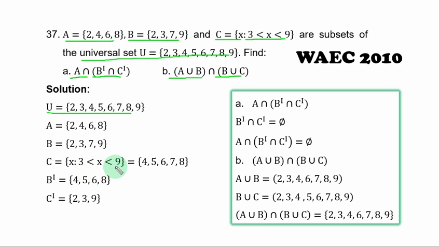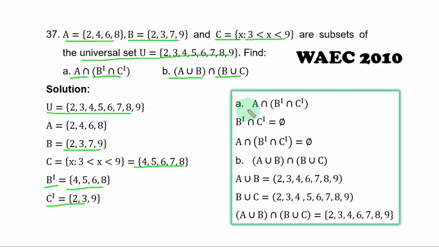You list the elements between 4 and 8 in this form. Now let's get B complement. The elements in the universal set but not in set B, they are the complement. You have it in this form, the same as C complement.